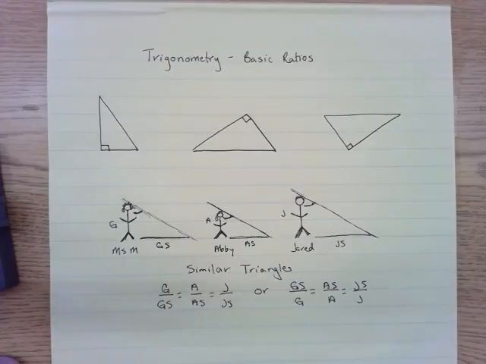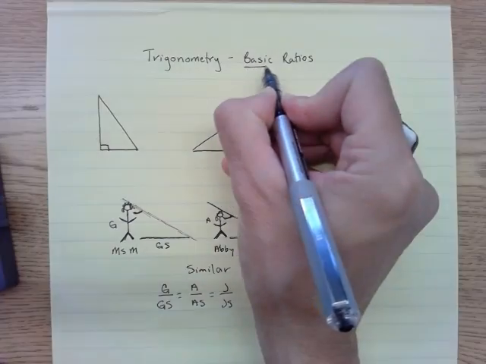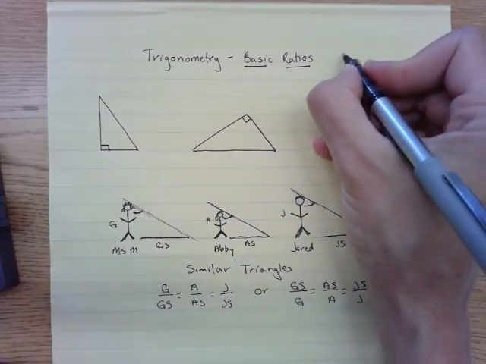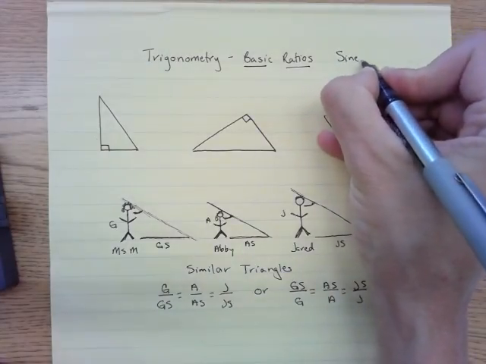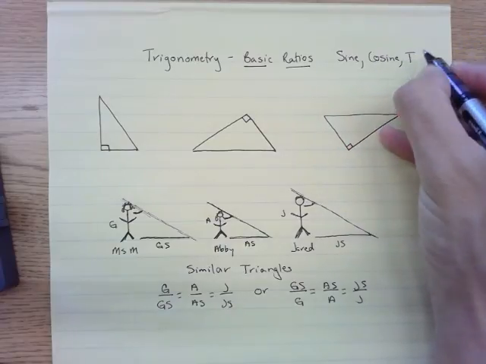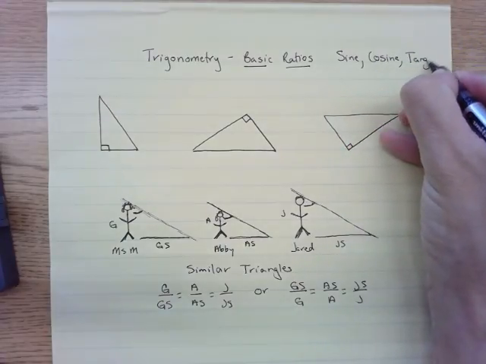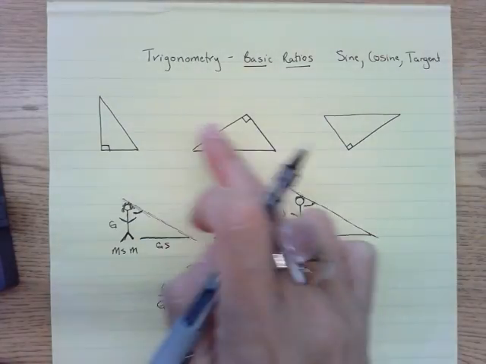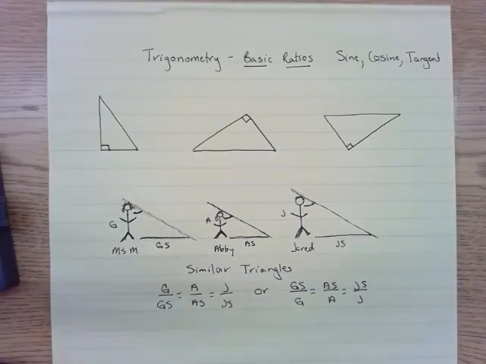So what are the basic ratios of trigonometry? Well, we talked about them. We have the sine ratio, the cosine ratio, and we have the tangent ratio. We have these three ratios, and they're all about right triangles. So when we look at the right triangles, the very first thing we have to do is be able to identify the legs and the hypotenuse.